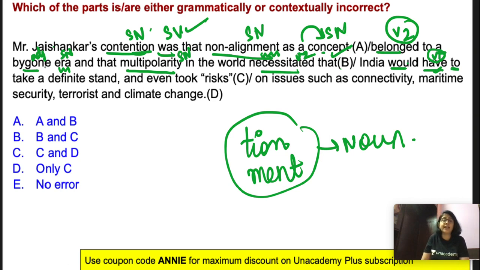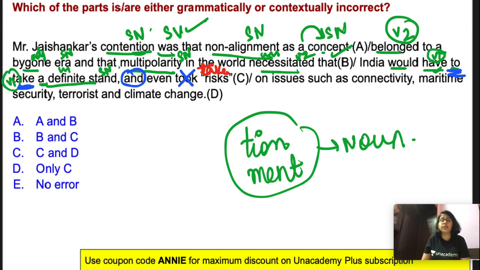To plus V1 infinitive, to take a definite stand, A plus singular noun, stand is a singular noun, and even. Now here you have to maintain parallelism, because here you have "and" present. Here to plus V1 has been used, so here also you have to use V1, that is take.